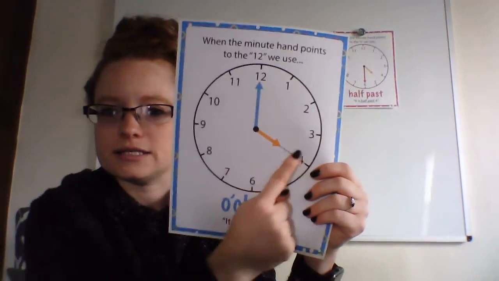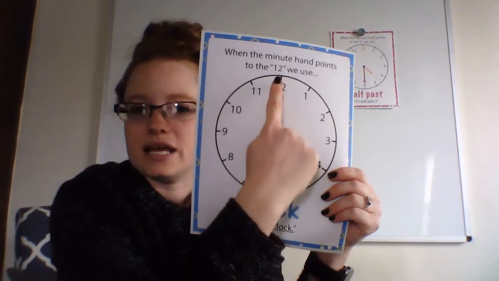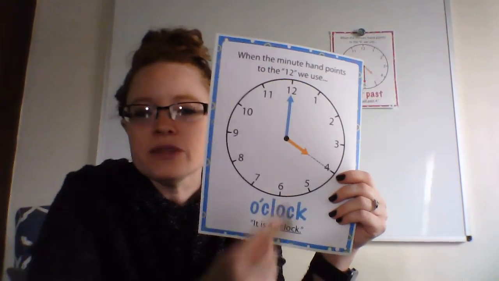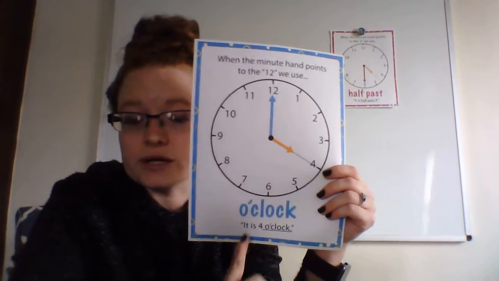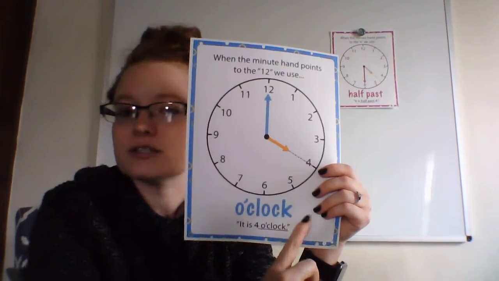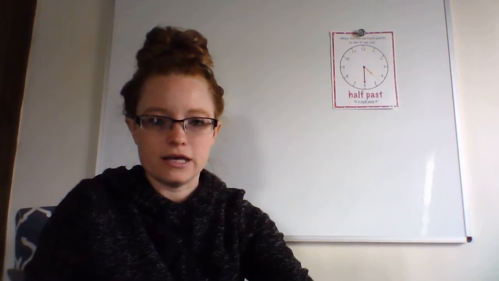So on this one, the hour hand is pointing to the 4, and the minute hand is pointing straight up towards the 12. Anytime our minute hand is pointing straight up at the 12, we are going to say o'clock. So this time says 4 o'clock. And when you read that on a digital clock, it is going to look like this.